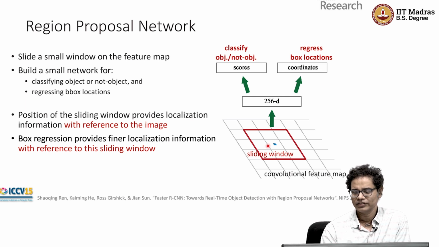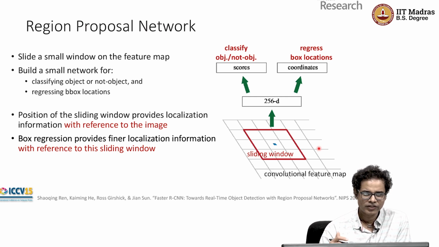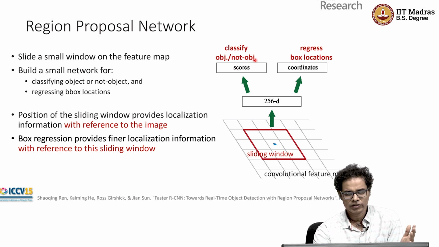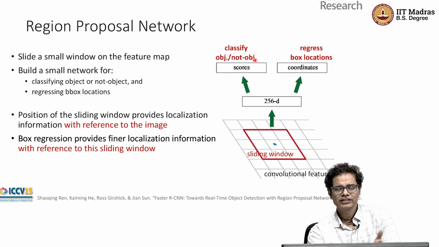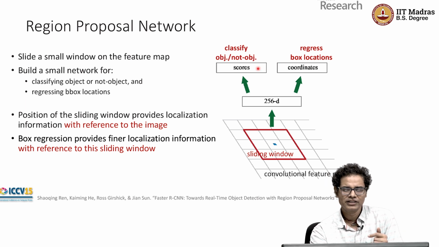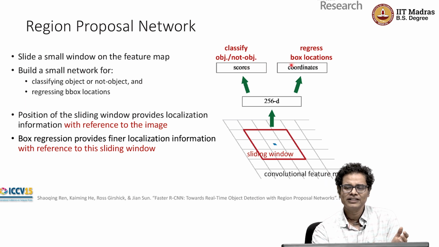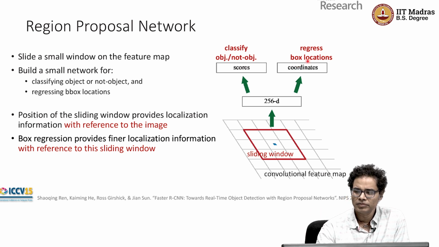So basically you have this convolution feature map, and you take a small window and slide it, and at each location of that window we have a small network which gives two outputs. One is whether there is an object or not, and what the corresponding bounding box is if there is an object. So this gives us the region. It tells us the exact location of the bounding boxes, and whether there is an object or not.